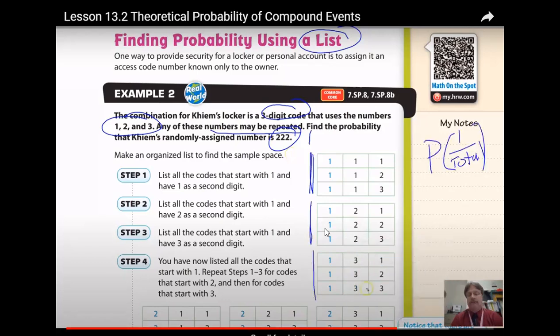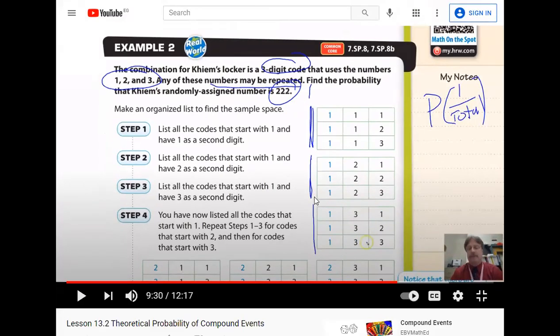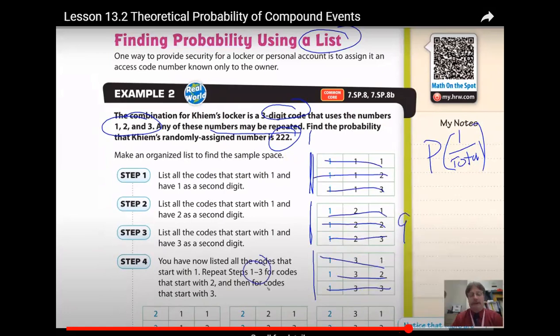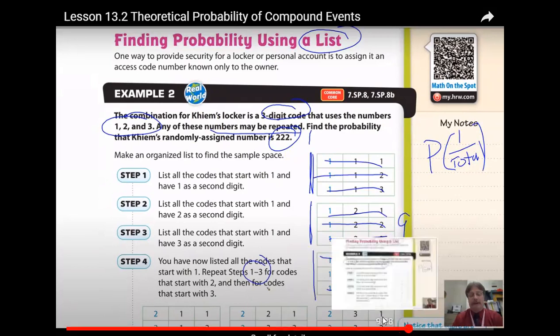With number 2, we have 2, 2, 2 for all, then the second digits 1, 1, 1, 2, 2, 2, and 3, 3, 3. The last digit will be 1, 2, 3, 1, 2, 3, 1, 2, 3.